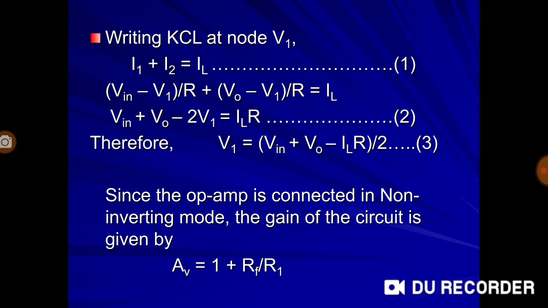Now since the op-amp is connected in non-inverting mode, meaning the input is applied to the non-inverting terminal, the gain of the circuit is given by the standard formula. The closed loop gain AV is 1 plus RF by R1, where RF is the feedback resistor and R1 is the input resistor.